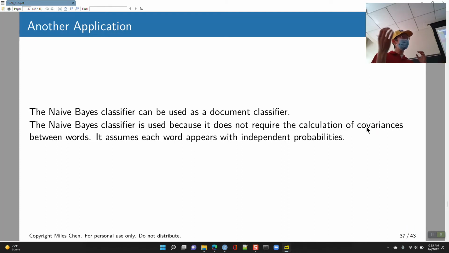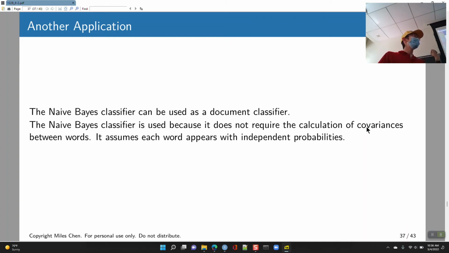And you're like, oh my gosh, there's so many covariances. Sure, certainly some words appear together frequently, like joy and happiness. We'd say those are semantically related. But then there's a whole bunch of other words that don't really have any kind of covariance between them. If you wanted a true model that didn't make the naive assumption, you have a lot of covariances to estimate, and that's too hard to do, right?